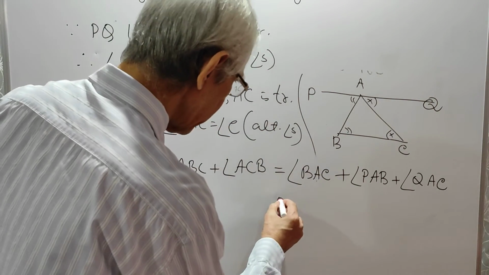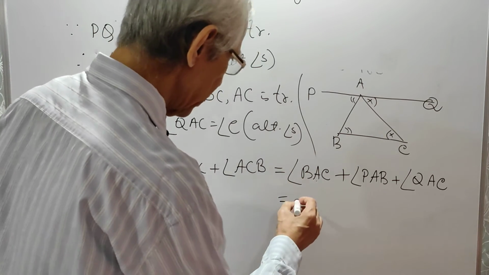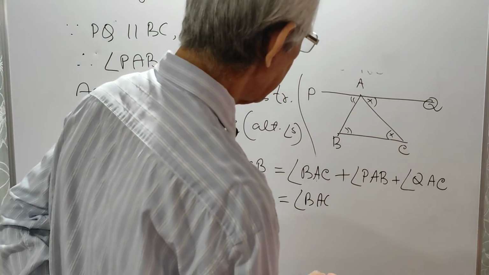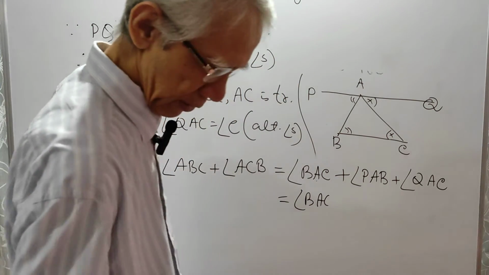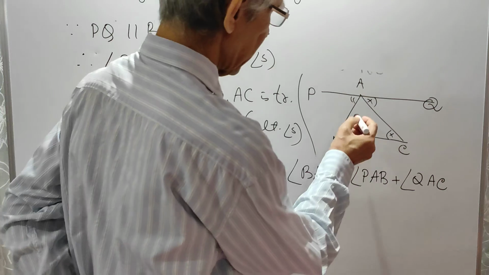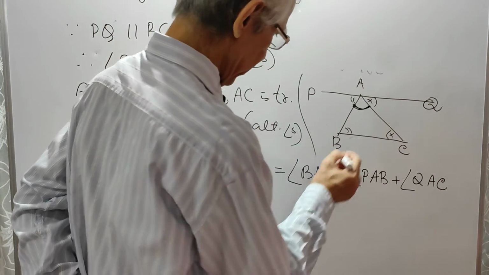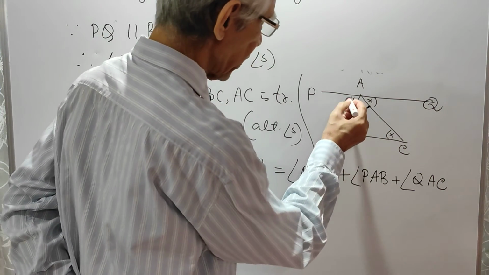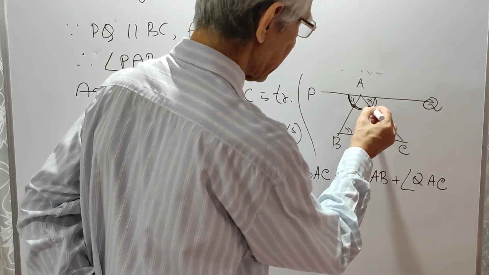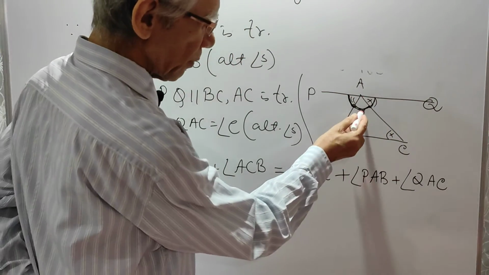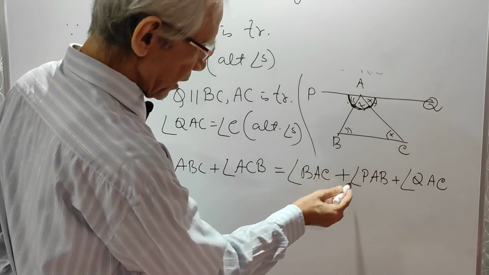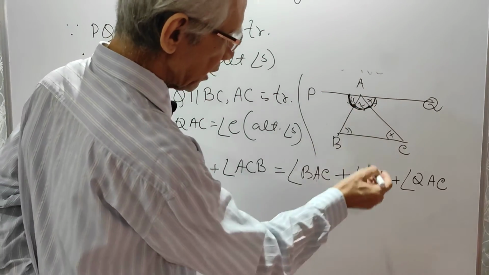Now continue simplifying. So BAC, PAB, QAC. Now look here. BAC is this angle, PAB is this angle, and QAC is this angle.